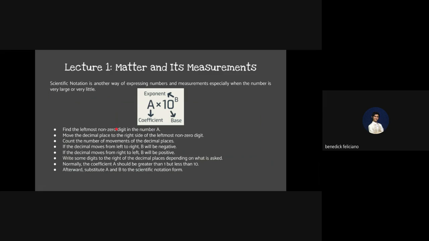Like the Avogadro number, it is always written in scientific notation because it has a base of 10 and an exponent of positive 23, which is a very large number if we think about it.